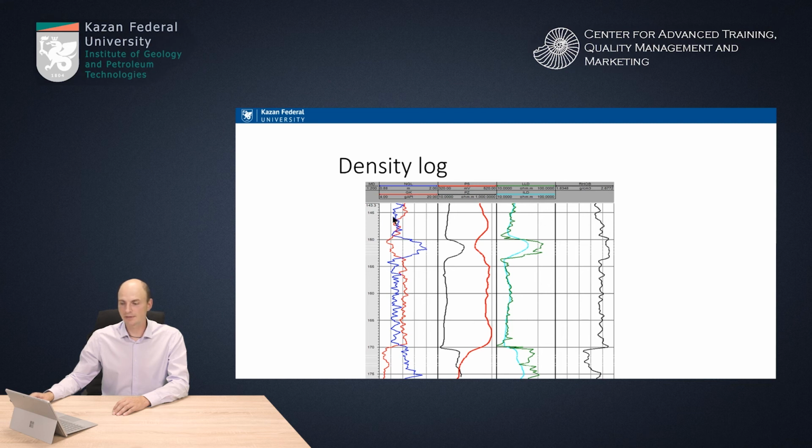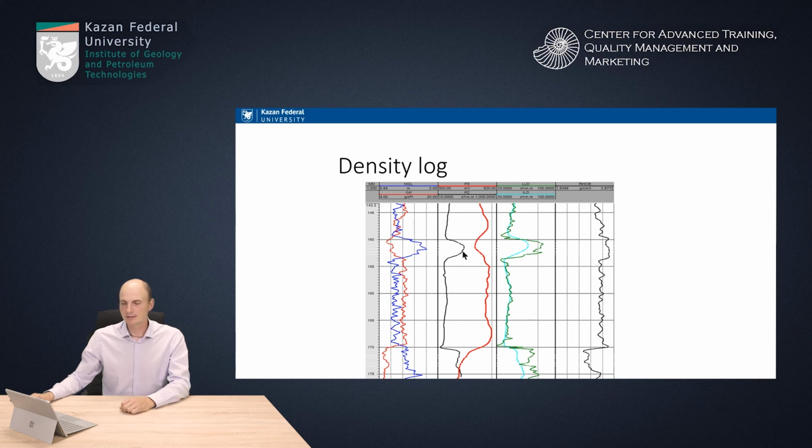Now let's interpret that formation. On the first interval, we have shale, because we have high gamma ray readings, high SP readings, and low readings of apparent resistivity and lateral log deep. In this layer, we have a kind of clean rock. We have low readings of gamma ray and low readings of SP.